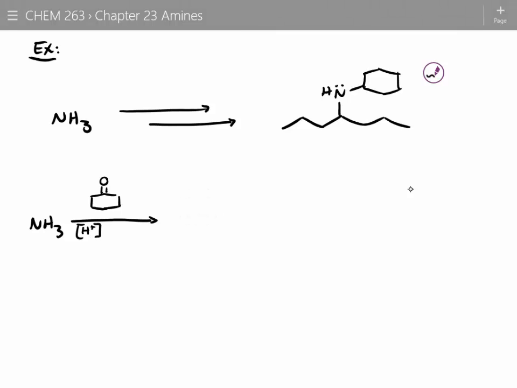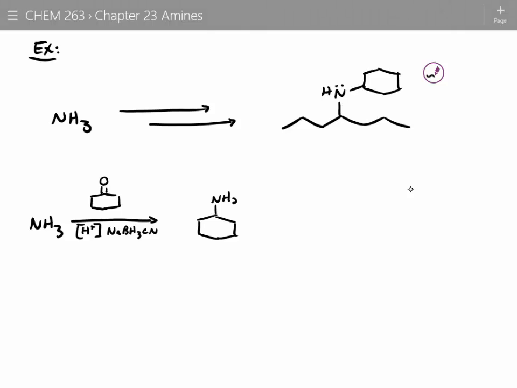H plus, and then NaBH3CN. What would we call this? Cyclohexylamine. So we go from cyclohexanone to cyclohexylamine.